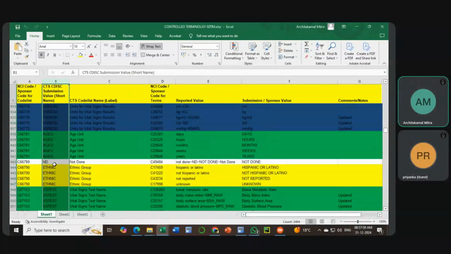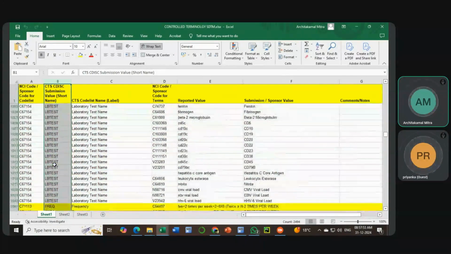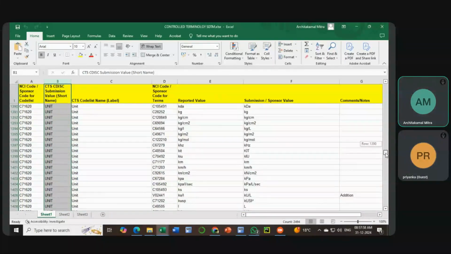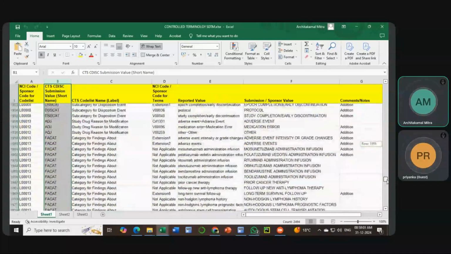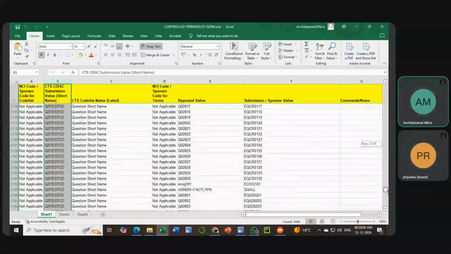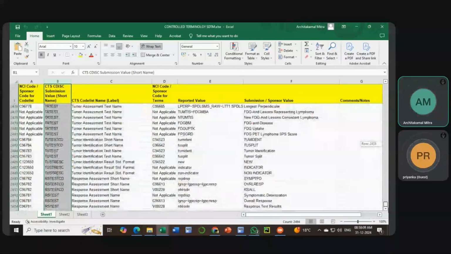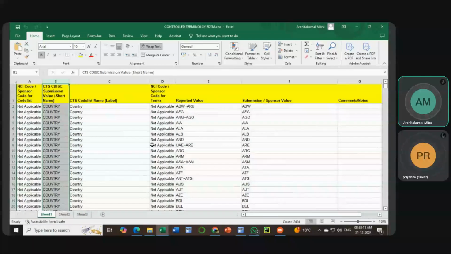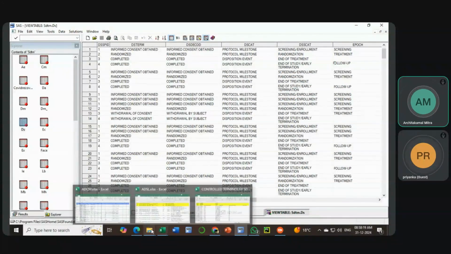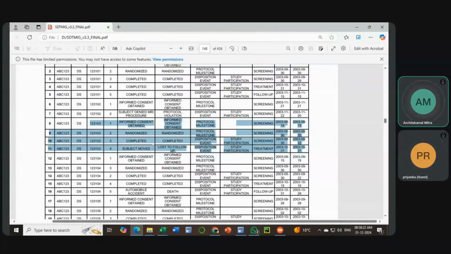Couldn't find DSDECOD. Probably DSDECOD is not here in this control terminology. Otherwise, if you see here, you can change subject moved, the reason in DS term, you can see it. But here you have to use control terminology for DSDECOD.